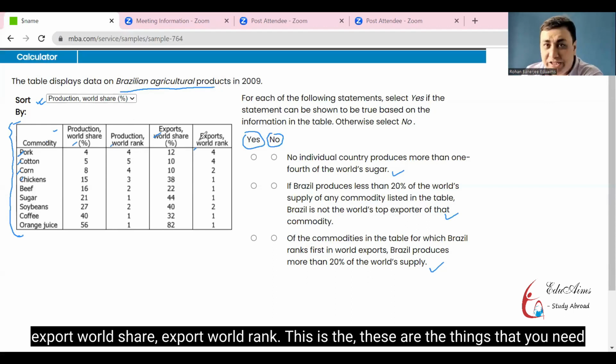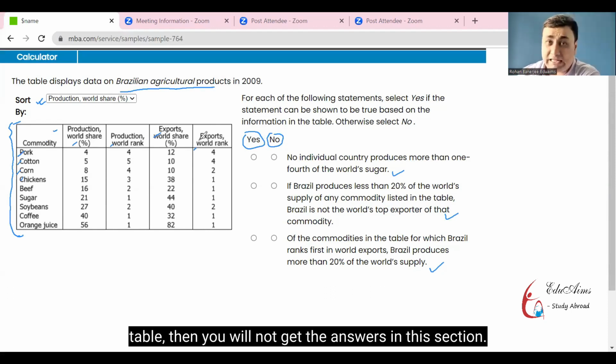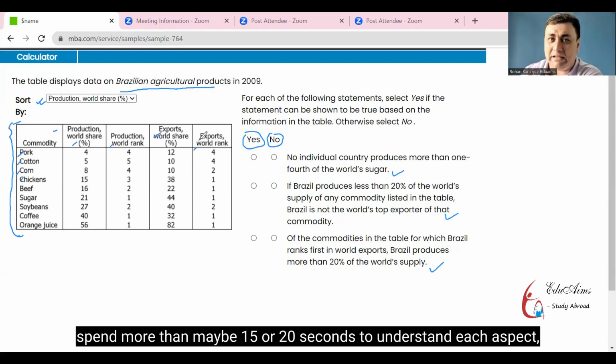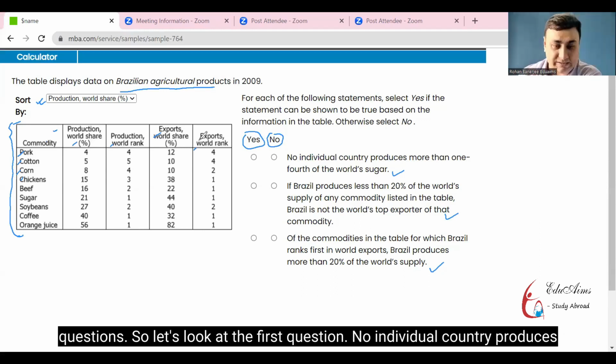If you spend too much time understanding each aspect of the table, you might not have enough time to complete all the answers. So first, just have a cursory glance at the table. Don't spend more than maybe 15 or 20 seconds on it, see what information is presented, and then go directly to the questions.